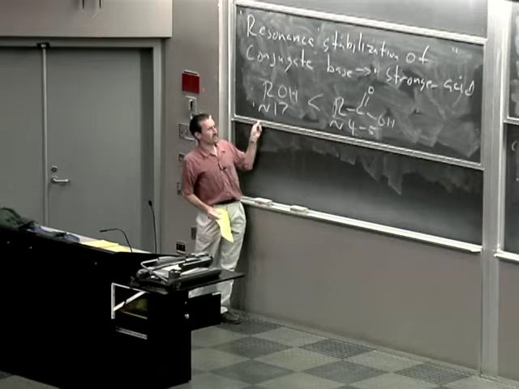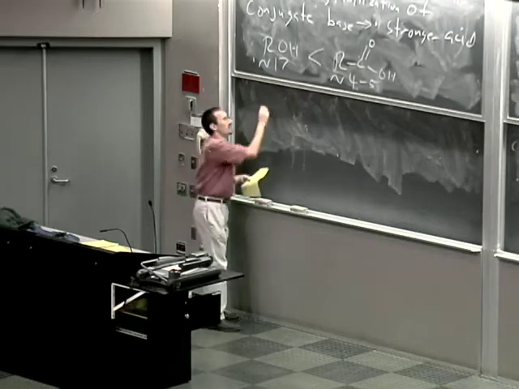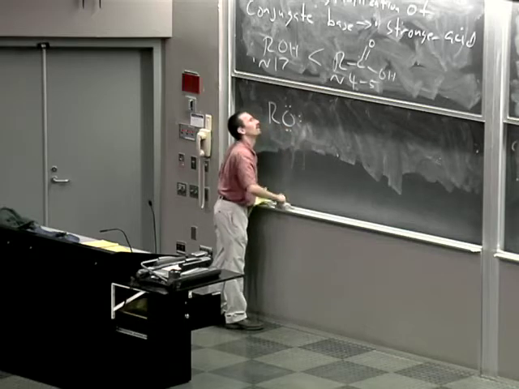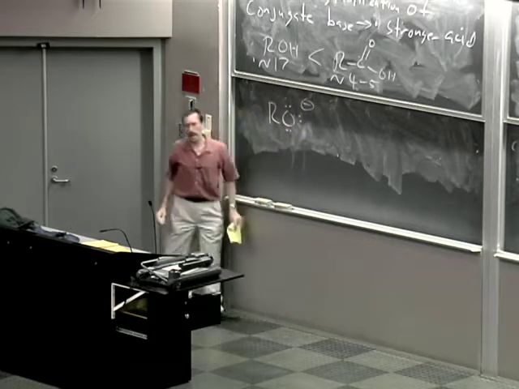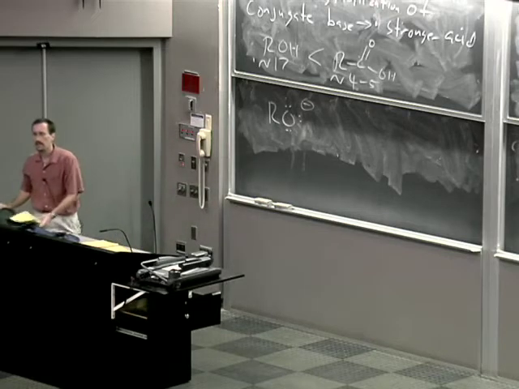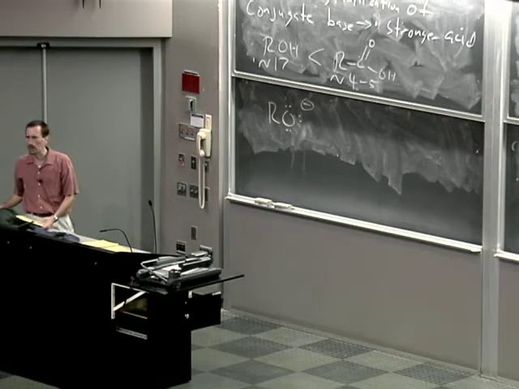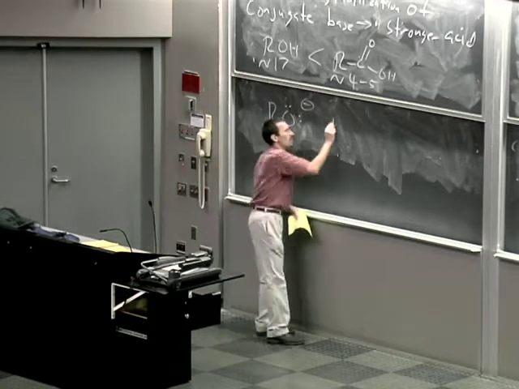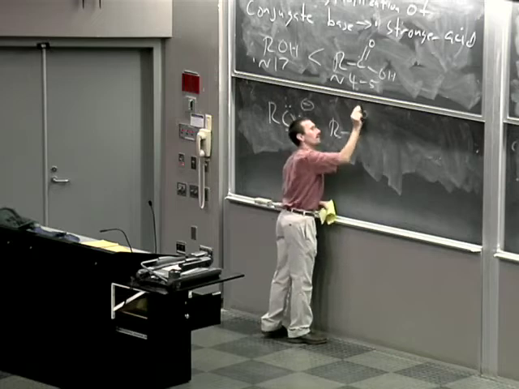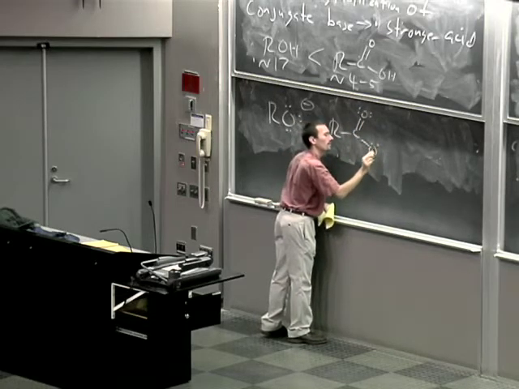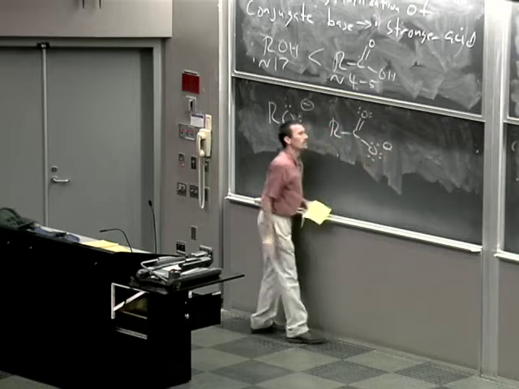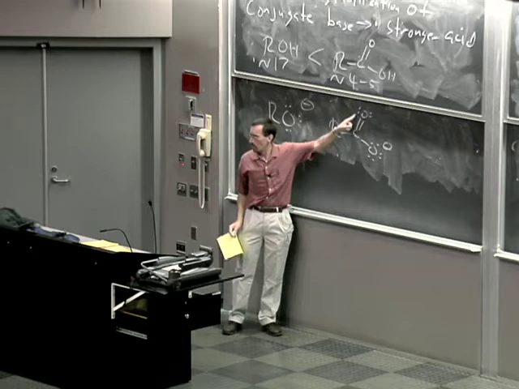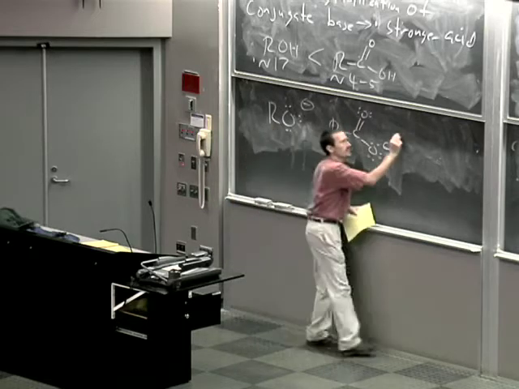And the way I always like to think about this is just, in the case of the alcohol, when you deprotonate, you generate an alkoxide anion. That negative charge is localized on one oxygen. But when you deprotonate a carboxylic acid, you generate a structure where the negative charge is spread out over both oxygens by resonance.